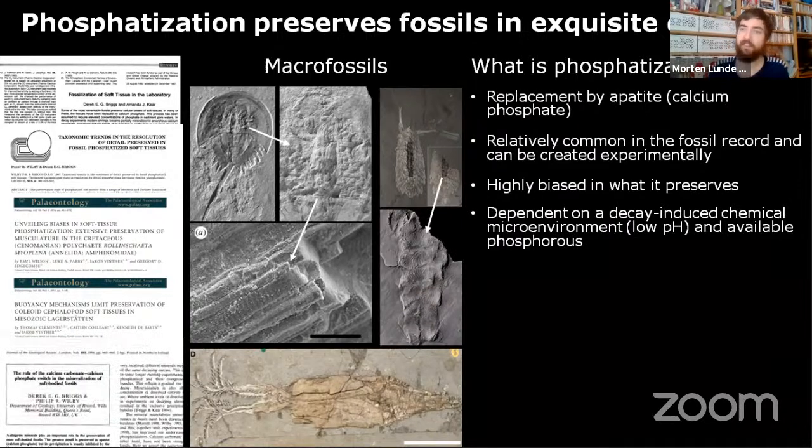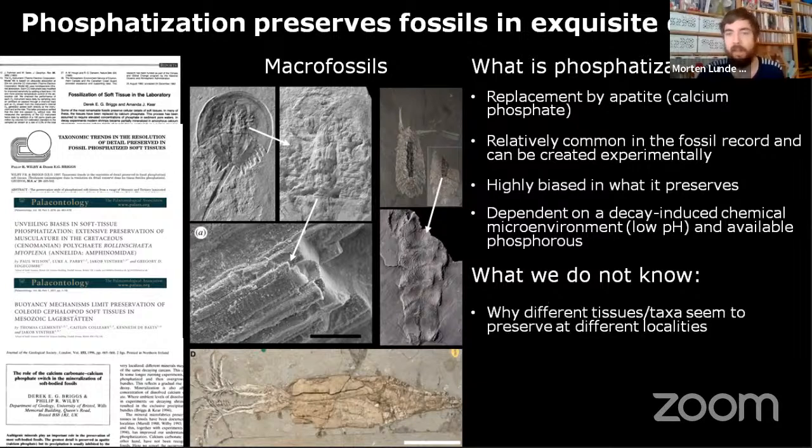And part of this bias is because it is very dependent on a decay-induced chemical microenvironment and the availability of phosphorus. So there are things that we still don't know, and that is why it appears that different tissues or different taxa preserve at different localities.